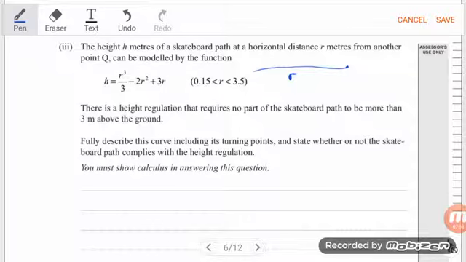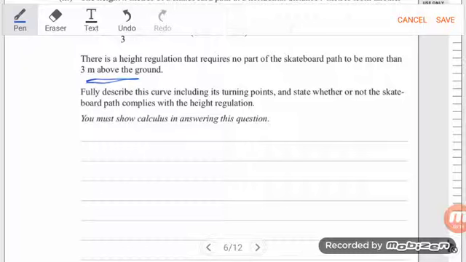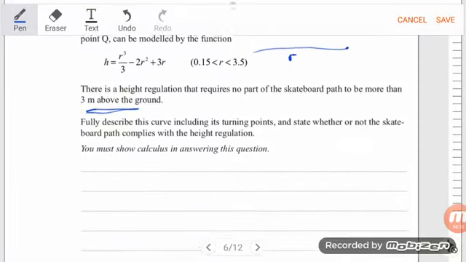There's a height regulation that requires no part of the skateboard path to be more than 3 meters above ground. Okay, so it's still height. Fully describe this curve, including its turning points, and state whether or not the skateboard path complies with the height regulation. Okay, this is definitely an excellence question. Not that should mean anything.